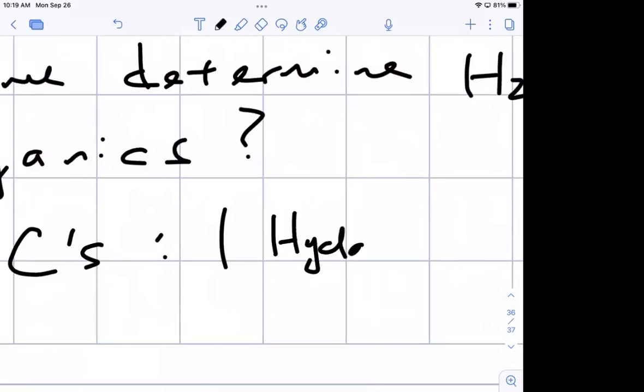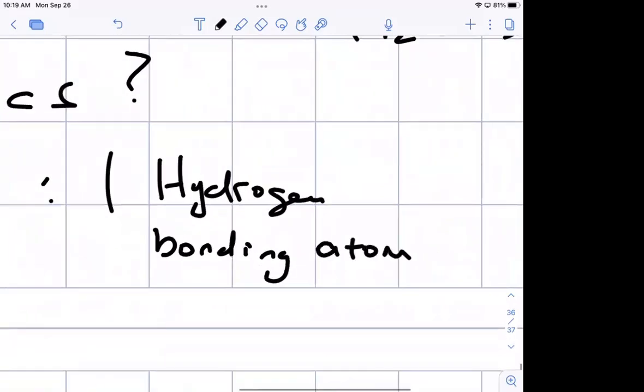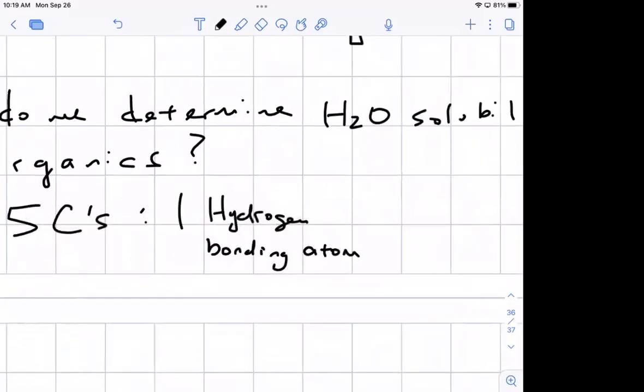Excellent. So for every 5 carbons, you need one hydrogen bonding atom. Tell me what are the hydrogen bonding atoms? What atoms can hydrogen bond? Because everything can't, right?